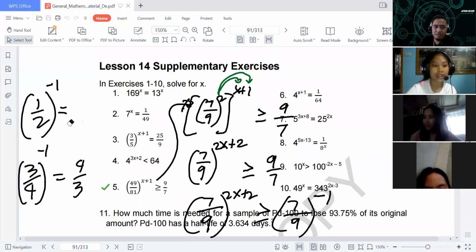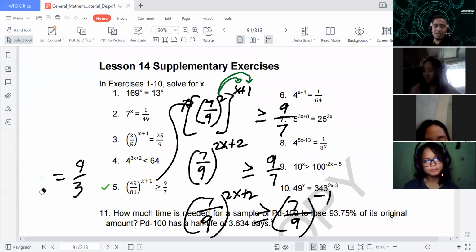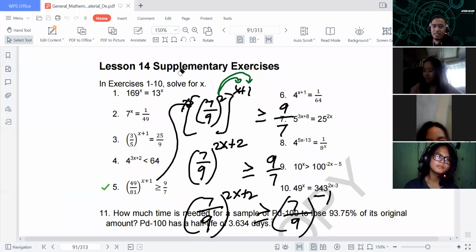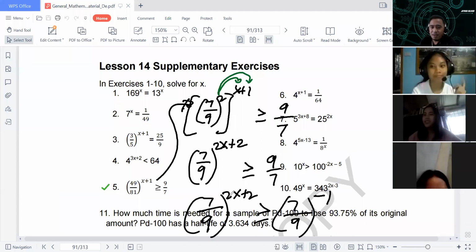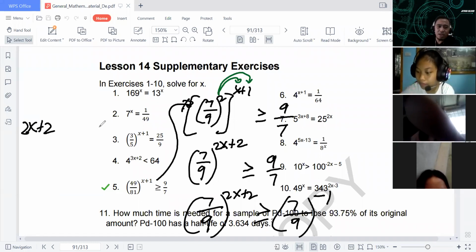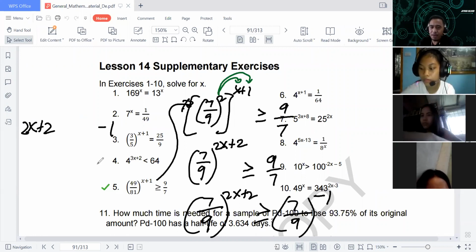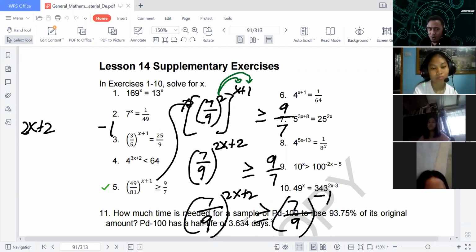They have the same base now, sir. The exponents are 2x plus 2 and -1. Your question now is, which inequality will we use here? Is it the same greater than or equal, or does it change into its opposite?